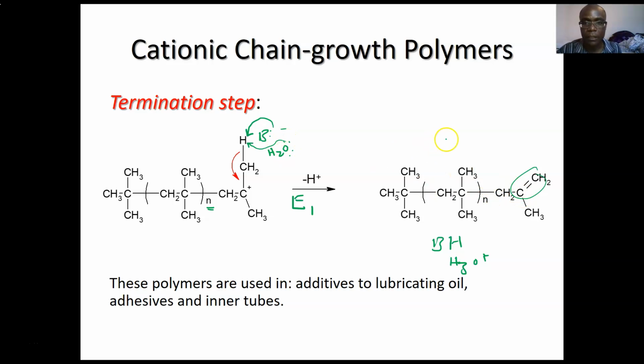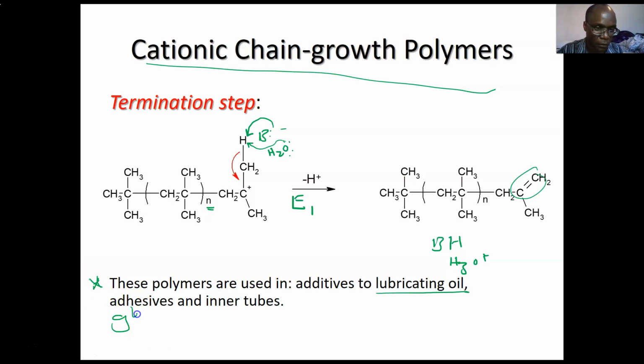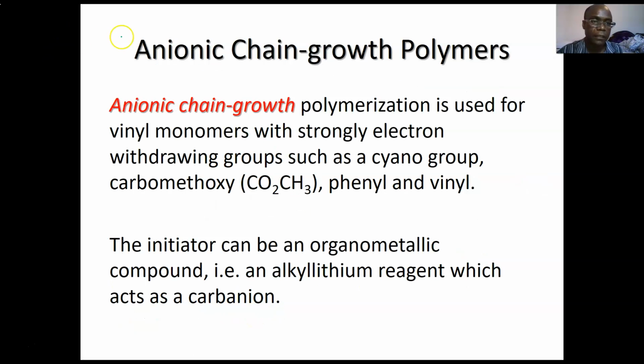It gives you the double bond, and that's how the reaction would stop. So such polymers, the cationic chain growth polymers, are used as additives to lubricating oil, like what you use in your engines. They can also be used as glue or adhesives or inner tubes.